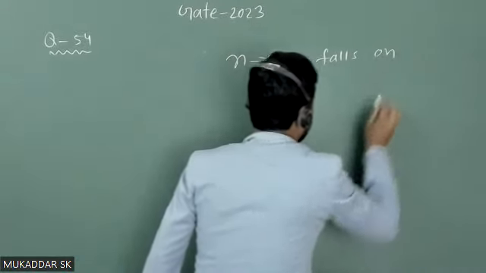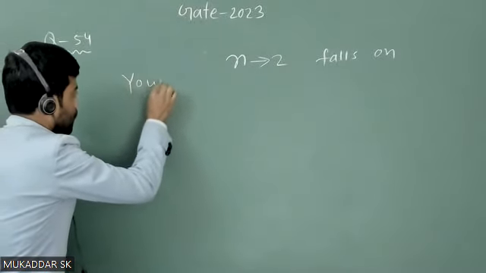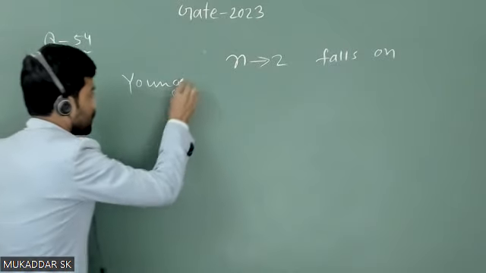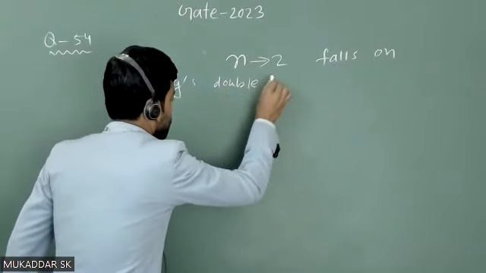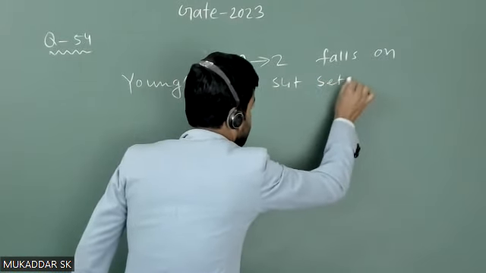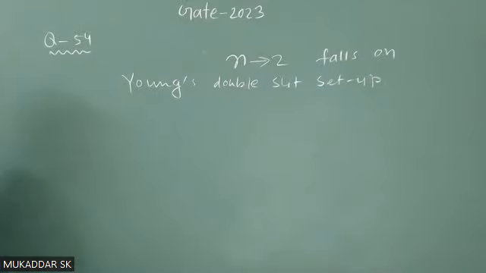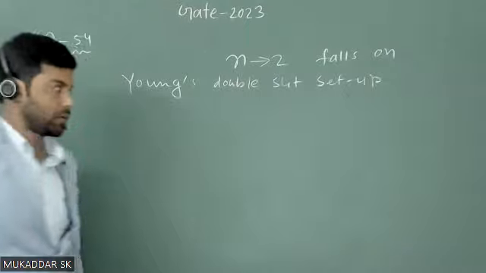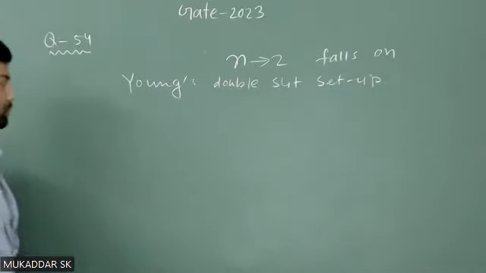fall on a Young's double slit setup, where n is the principal quantum number, and that can take values 3, 4, and so on.